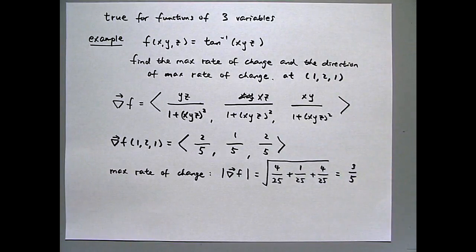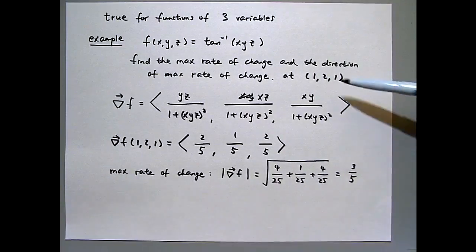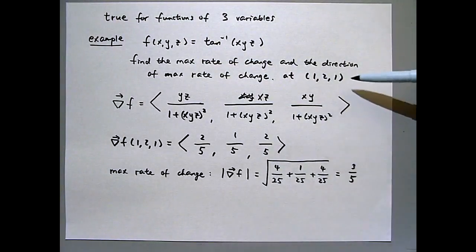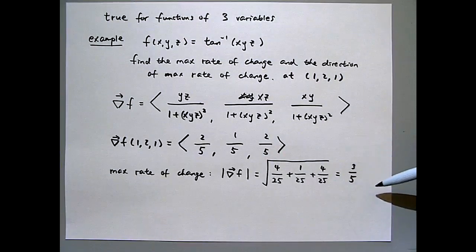That's the biggest rate of change we can ever attain on that surface at this point. So it doesn't matter in what direction you turn, you will never see a bigger change in terms of the fourth variable than that one. That's the absolute greatest we can get. When we move to a different point, we'll have a different maximum rate of change. But at this point, this is the biggest one we can get.